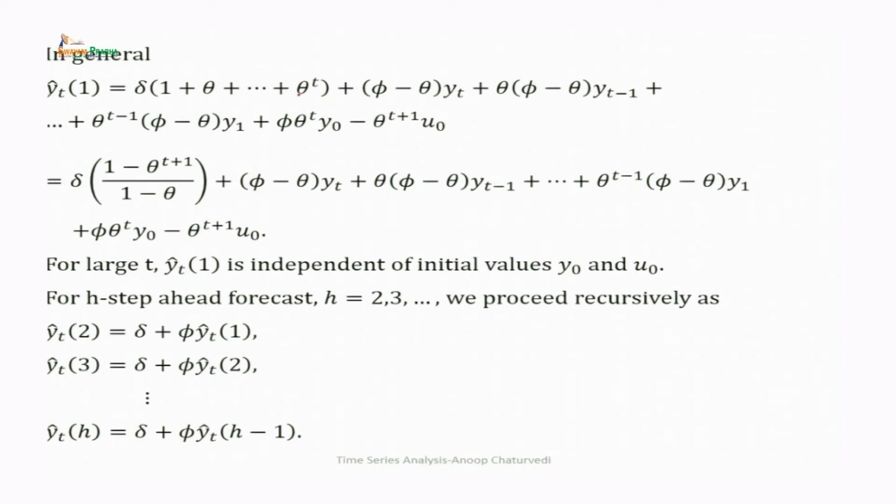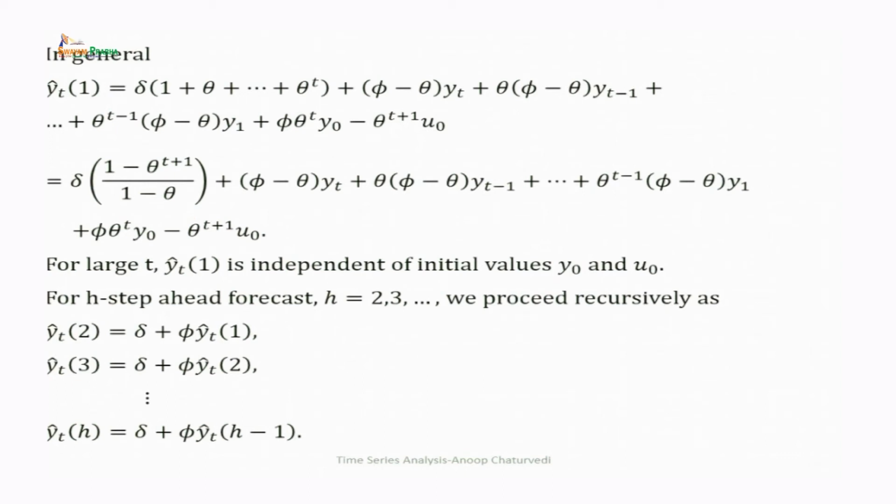The sum of this geometric series is 1 minus theta to the power t plus 1 upon 1 minus theta, and then you have the rest of the terms. Then again, as t increases, y hat_t(1) is independent of the initial values y_0 and u_0. These terms will tend to 0.